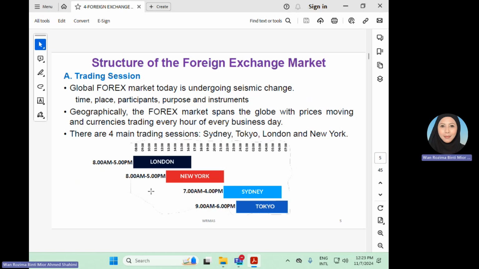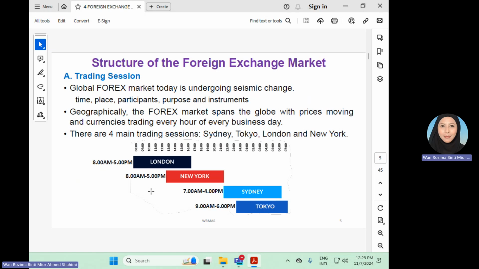The exchange rate usually starts here, and then after that in Tokyo, London, and the last one in New York. This section is more to cater for Asian clients.